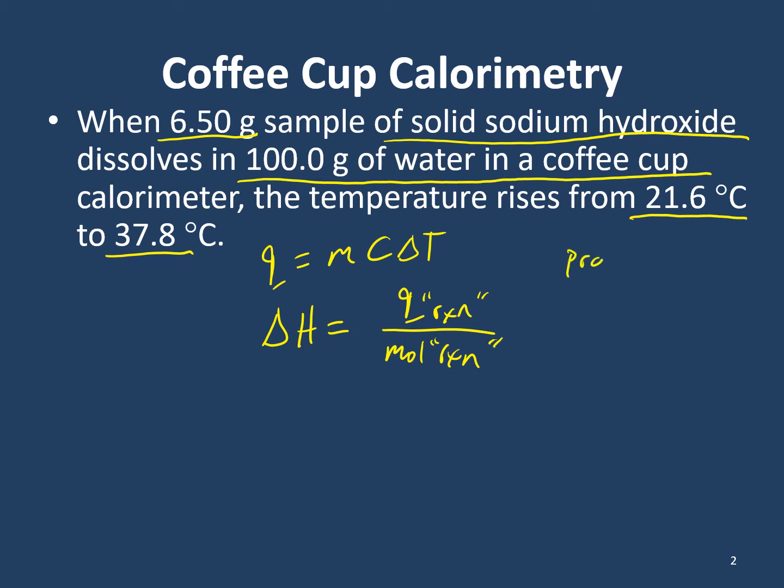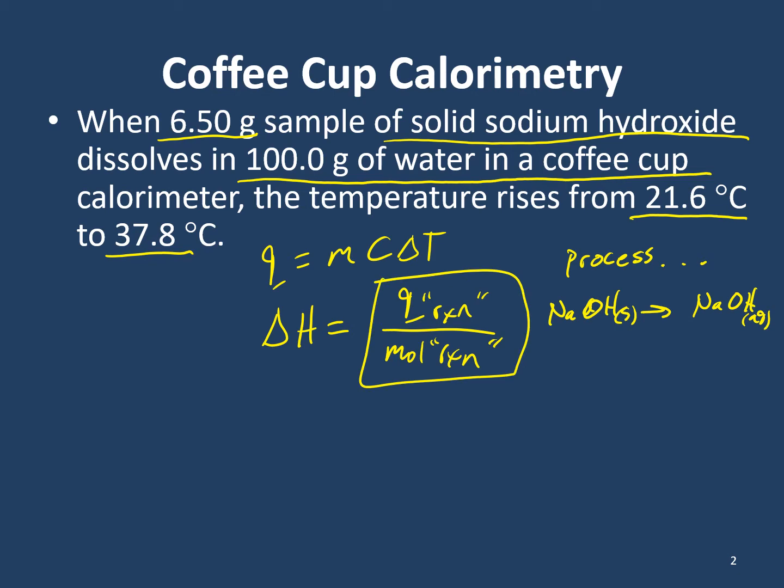It's more of a process, because we have sodium hydroxide, NaOH solid, dissolving into NaOH aqueous. So we're not really having a reaction. We're just changing physical state for the most part. This is a physical change, not a chemical one. So that's why reaction is used loosely here. But this equation still holds true in this case.